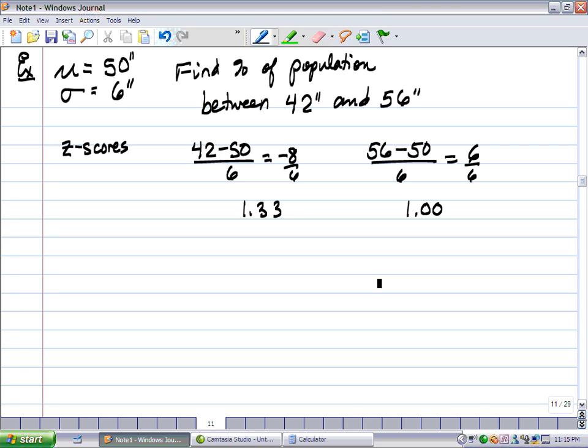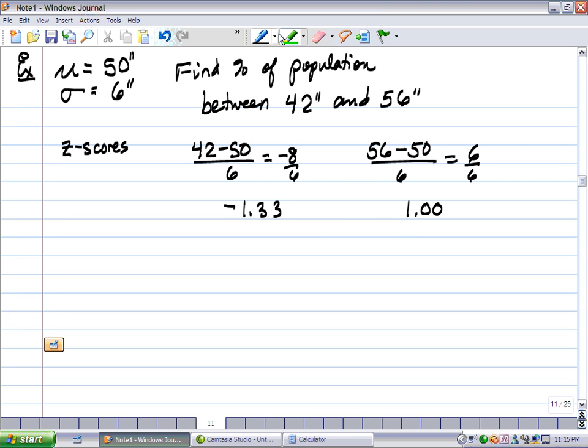When I look these up, I'm going to subtract them because I want what's between them. So I look up the percentage below 1.33, the negative one, and then I look up 1, and I'm going to find the difference in between.